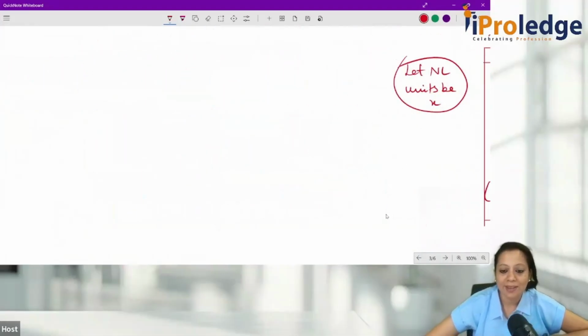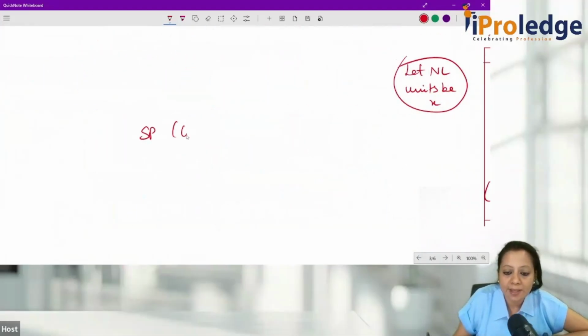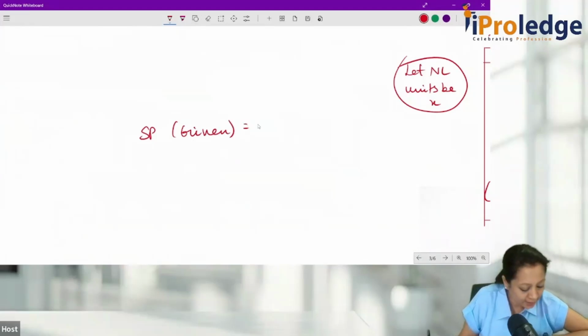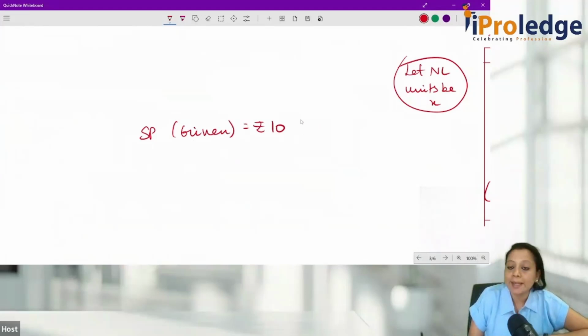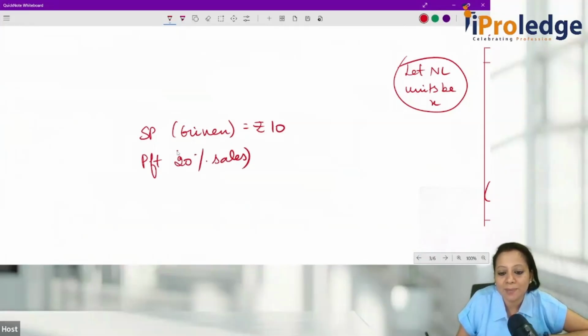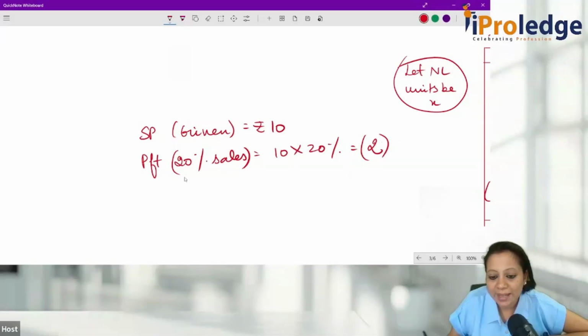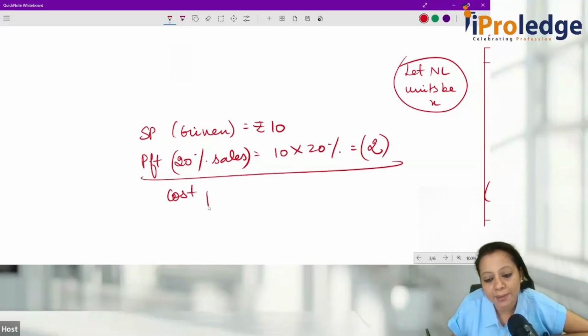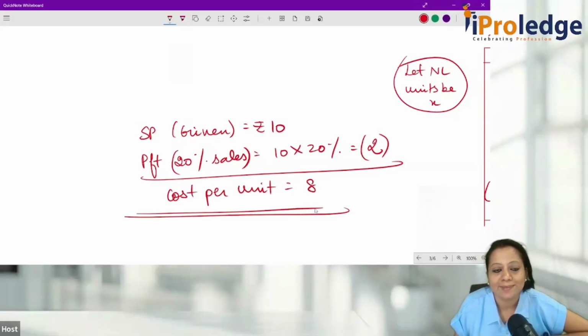Yes. So they have given selling price to be what? Rupees 10. Given in the second last line of the question. All right. So then they have given profit is equal to 20% on sales given in the last line of the question. Can I say it is equal to 10 into 20 percentage, which is equal to 2? Right, ma'am. So can I say that means cost per unit is going to be 8? Yes or no, everyone? Yes, ma'am.